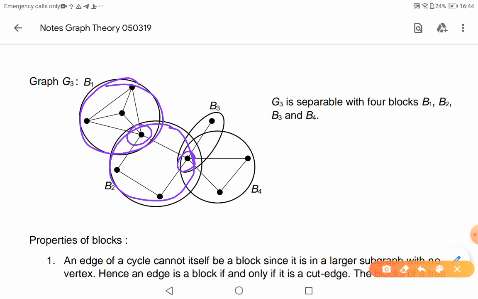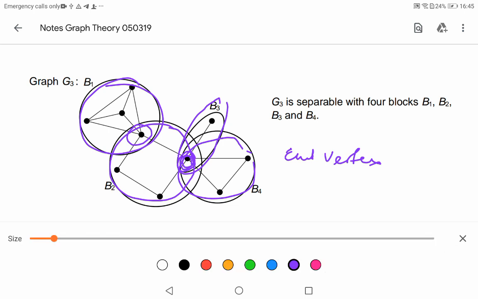And then you have another block B4 and B3 because of these two cut vertices. So this one only has two cut vertices.